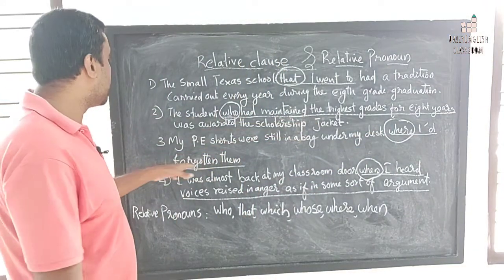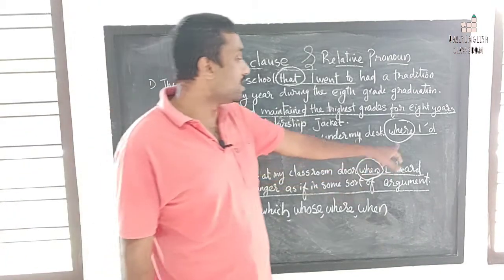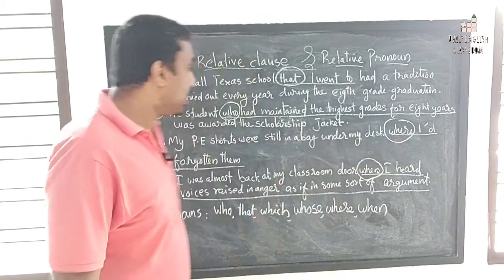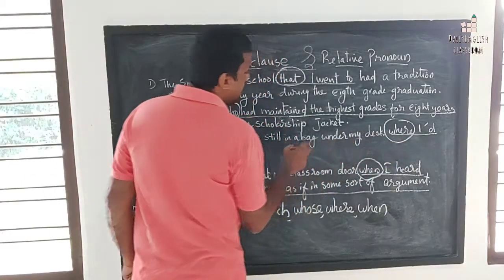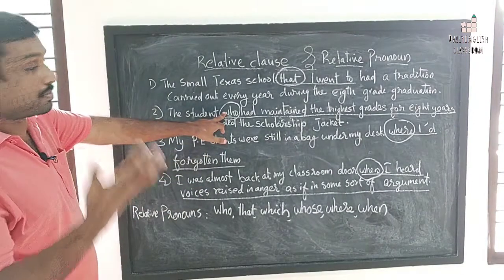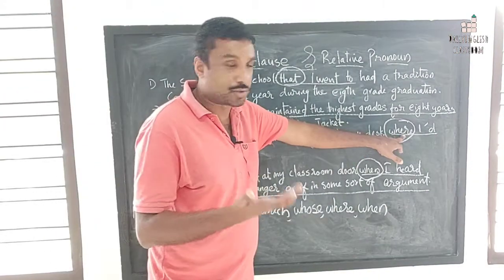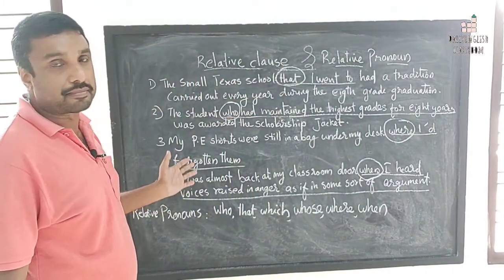Where I had forgotten them is a relative clause, and it begins with the relative pronoun where, because where is a relative pronoun that shows a place or location. Who is referring to a person, where is referring to a place or location, that referring to a thing.